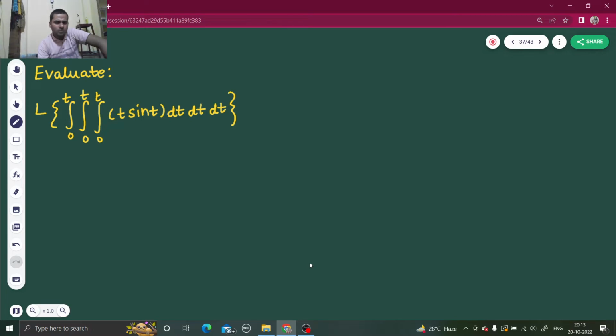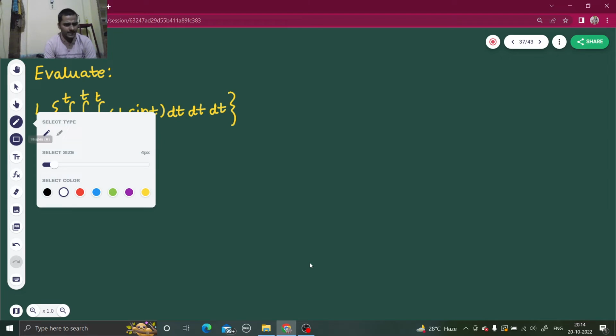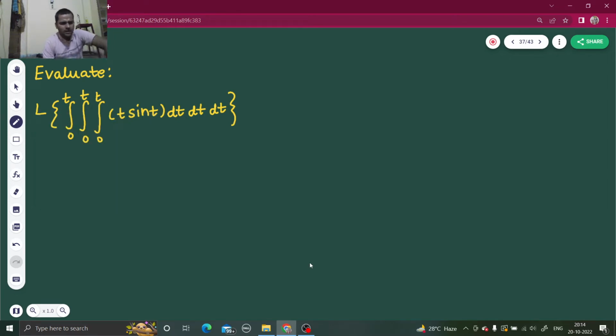Normally, when doing integration, you solve the inner integral, throw the result to the outer one, solve that again, and throw the result to the outermost integral. That might take time, but solving with Laplace is just a matter of 2 to 3 steps which will give you the answer. So let's start off and see how.